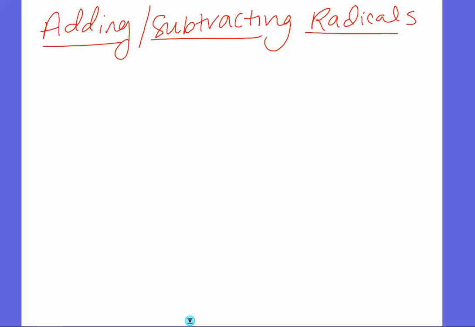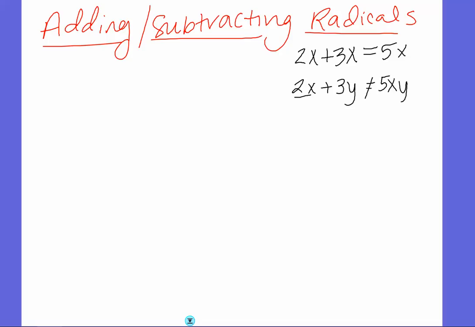In the beginning of the year, we talked about combining like terms, where if I had 2x plus 3x, I was allowed to say that equals 5x. But if I had 2x plus 3y, I was not allowed to say 5xy because these are not like terms. In order for things to be like terms, I have to be able to add them together.